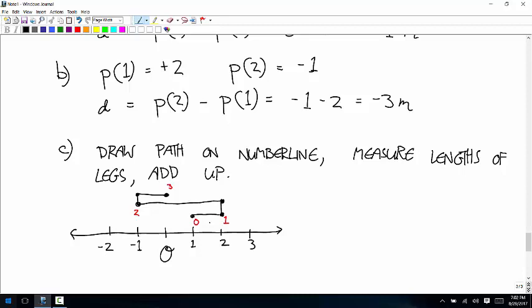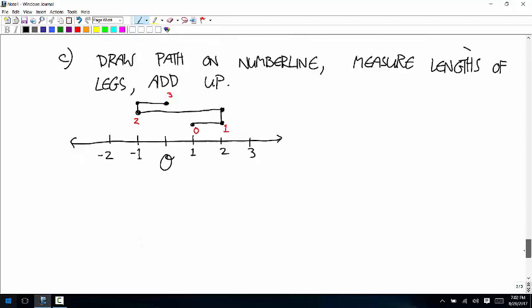The second leg has a length of 3. It's going back in the negative direction, but we don't care about that. We just care about the lengths of those legs. So 1 plus 3 plus 1 gives you 5 meters.